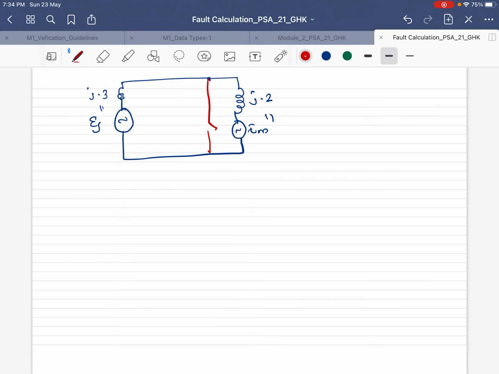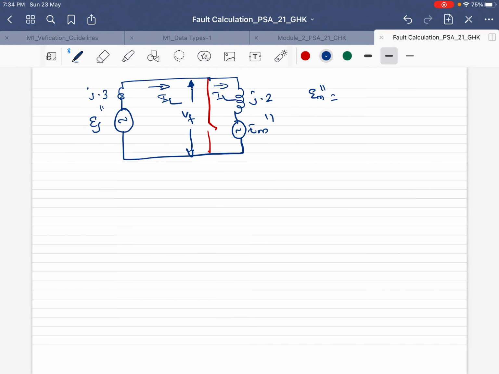If it is closed here, then the first step is to find out EM double dash. We know that the current here, when the switch is open, is IL, and here it is also IL. Therefore, your EM double dash is the pre-fault voltage VF.